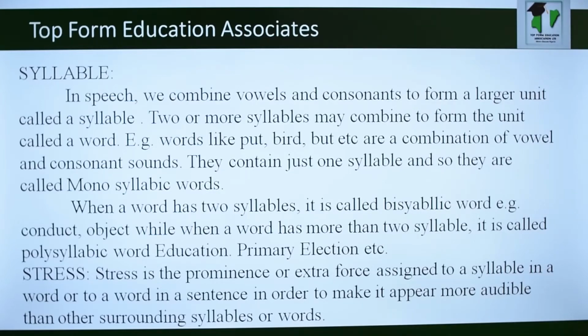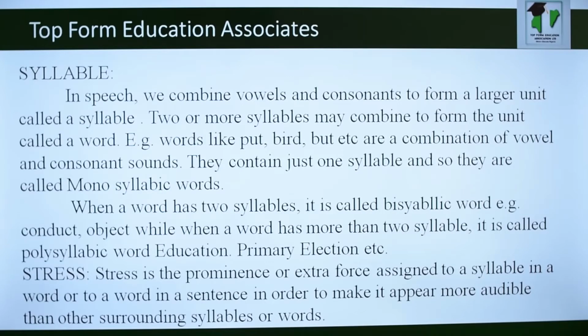The only thing is that we are going to now look at polysyllabic stress. And I will still tell you the difference between mono, bisyllabic, and polysyllabic stress. When a word has more than 2 syllables, it is called what? Polysyllabic. It has more than 2. It has more than 1.